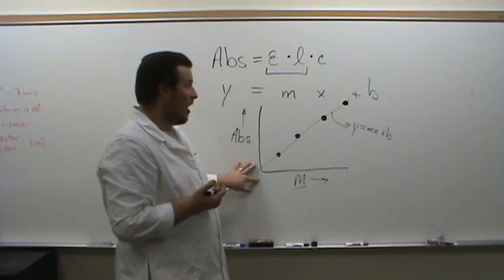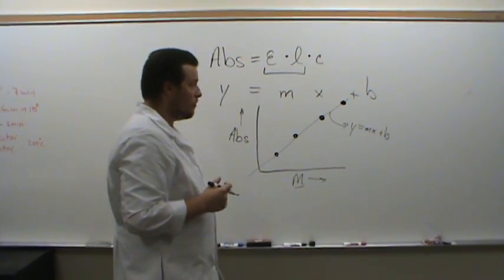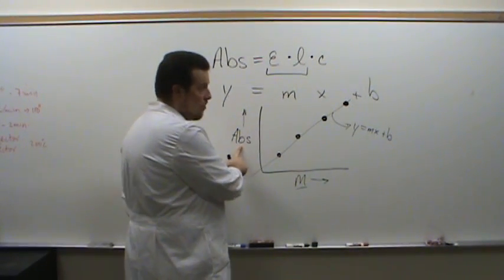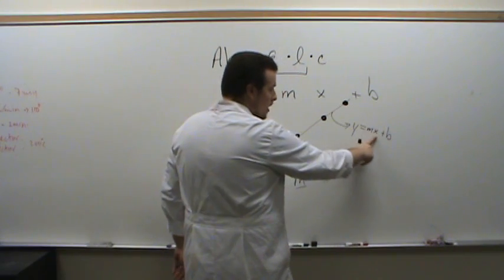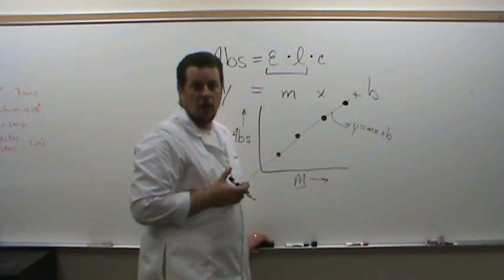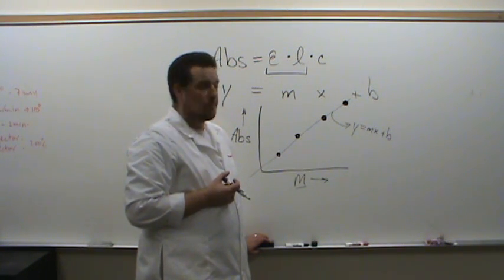We'll use this line that we just fit to go the other way. In that case, we're going to measure the absorbance. We're going to know M and B, and we're going to calculate the concentration of the solution that we make using our unknown sample of iron ore.